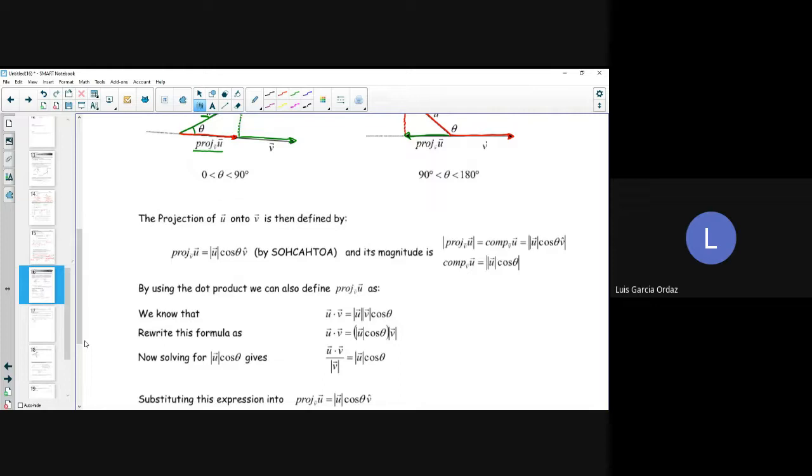So comp means component, my apologies. The component of u onto v is equal to the magnitude of u times cosine of theta.